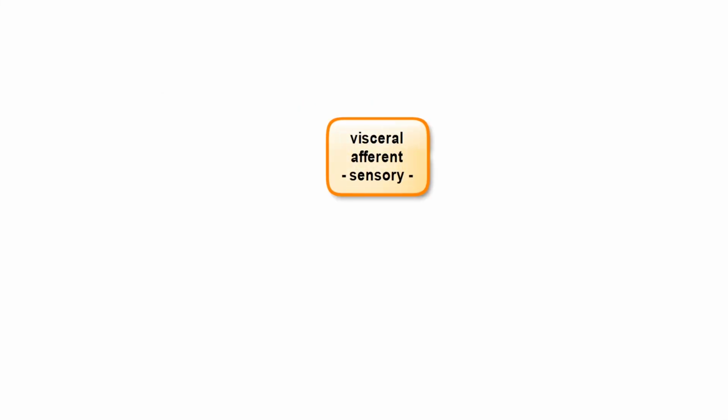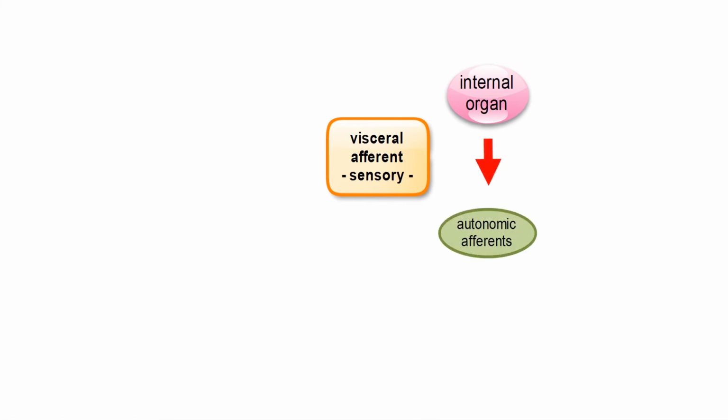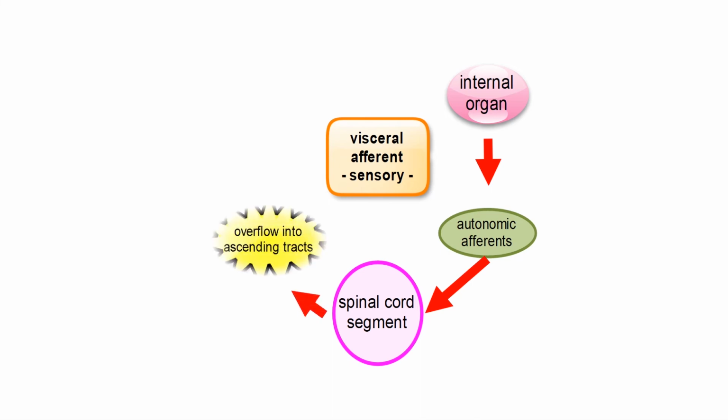Visceral afferent, that is sensory, bringing pain from organs. Internal organs like heart, stomach, intestine, they will send pain impulses through the autonomic afferents, and these will enter the spinal cord segment through the spinal nerves, and then there is an overflow of impulses from the afferent parasympathetic.